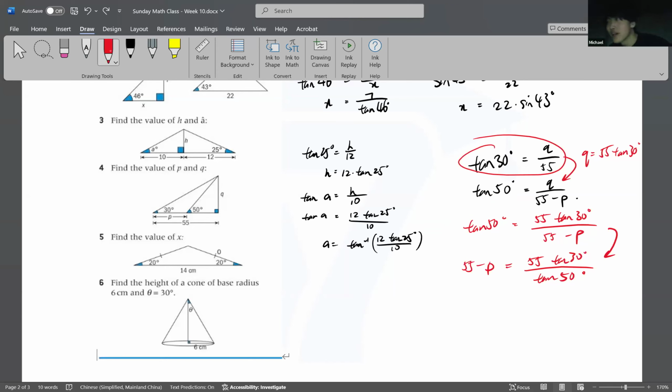I'm asking algebraically, why is this possible? How do I go from this step to this step? It's like how I go from A plus B equals C to B equals C minus A. Why is this rearrange possible?